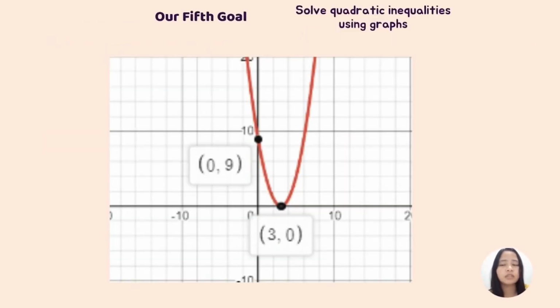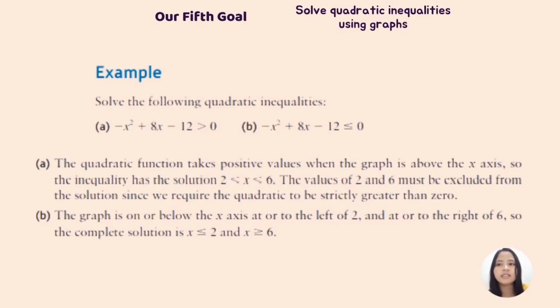So let's solve the following quadratic inequalities. In letter A, negative x squared plus 8x minus 12 greater than 0, the quadratic function takes positive values when the graph is above the x-axis, so the inequality has the solution 2 less than x less than 6.